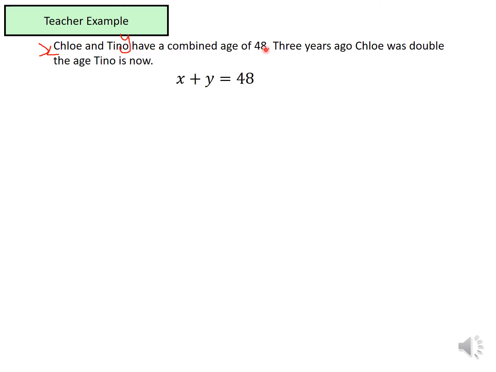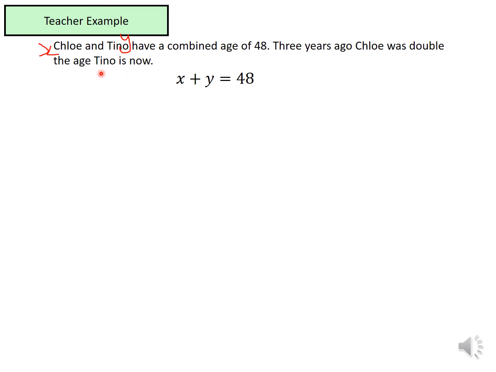There we go: x plus y is 48. Now, 3 years ago, so we're talking about x minus 3, Chloe was double the age of Tino's age now.